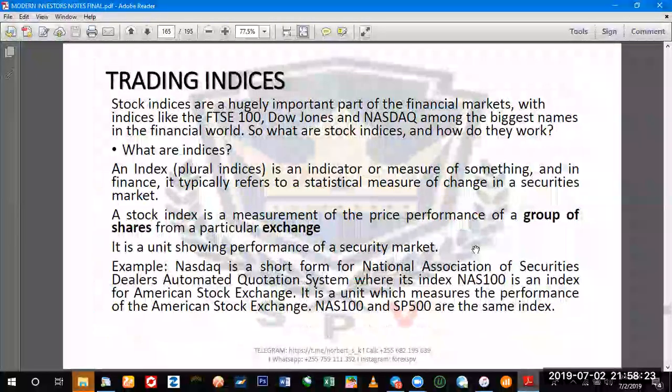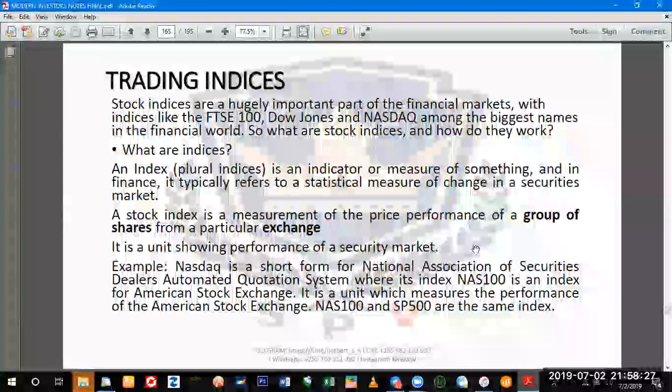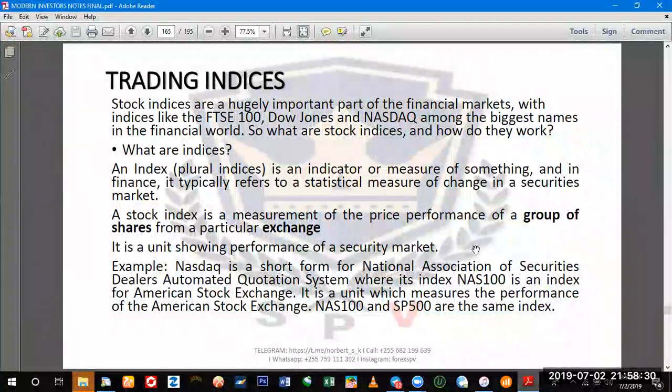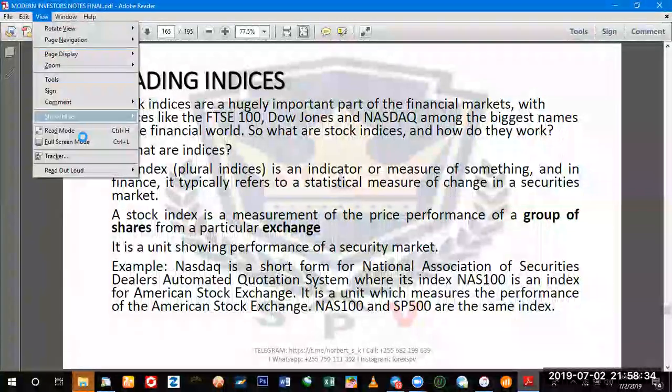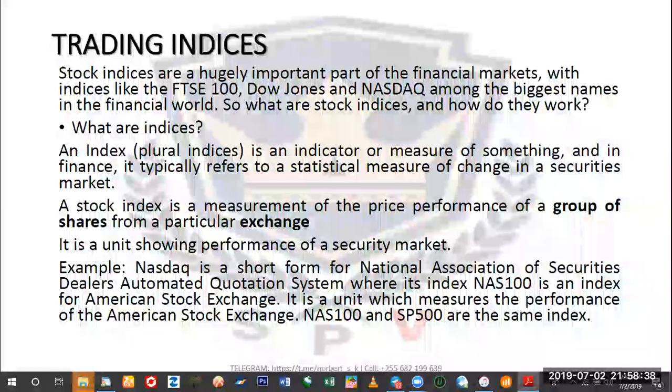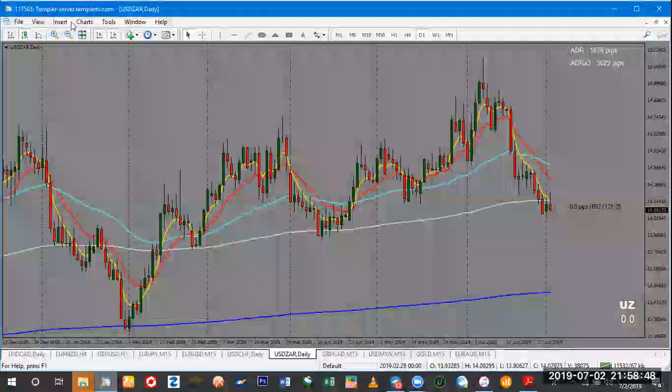So let's go to the part of trading indices. Indices, index. So in the Forex market, let's take a look here on the window.